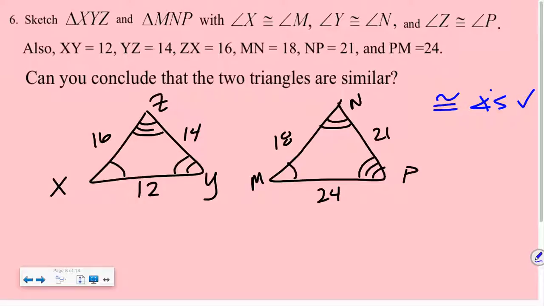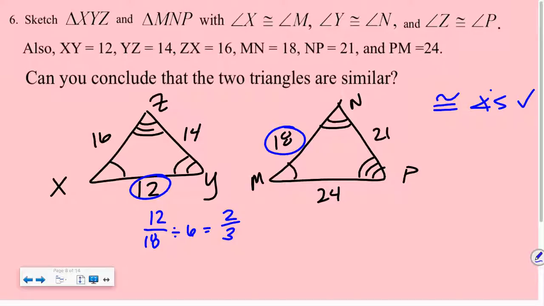Now I need to check if the sides are proportional, making sure I do corresponding sides. So short to short. What's the shortest side of XYZ? 12. Shortest side of MNP? 18. Reduce by 6, and that would give me 2/3. Then go to the longest side.